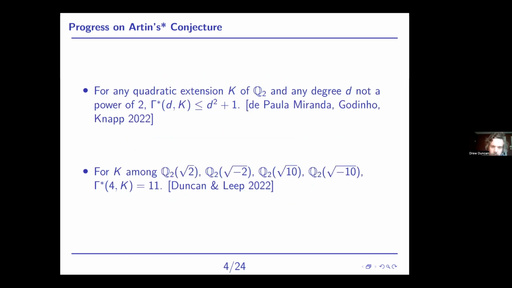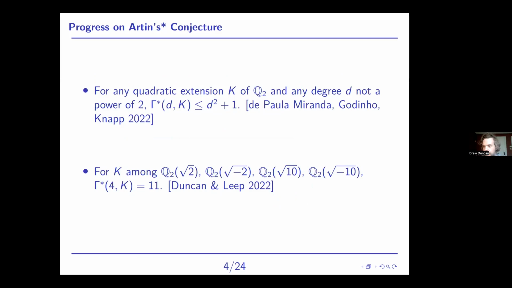And more recently, in a paper by doctors Gipala, Miranda, Gogino, and Knapp in 2022, we have that for any of the quadratic extensions of Q2, and there are 7 of those, 6 totally ramified and 1 unramified, and any degree D that is not a power of 2, this bound holds.